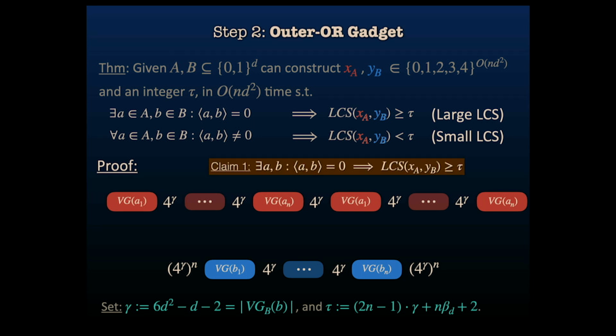So we have to check two things. First, that if there's an orthogonal pair, if there's some A and B that are orthogonal, then the LCS is at least tau. So why is that? Well, we want to match the pair, so we match that pair, and then we try to match everything else kind of correctly, as you'd expect.